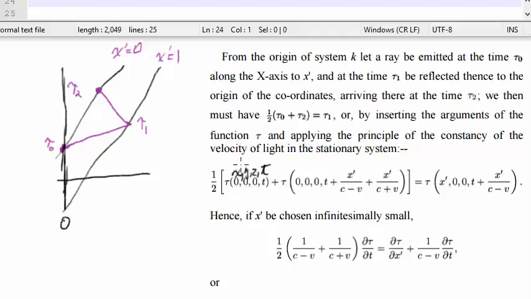Although it might be x prime, but anyway, this would be the line x equals 0. So this is 0, 0, 0, and this would be the line t. Okay, and then we would have tau sub naught would be tau at this event where x is 0 and t is t.